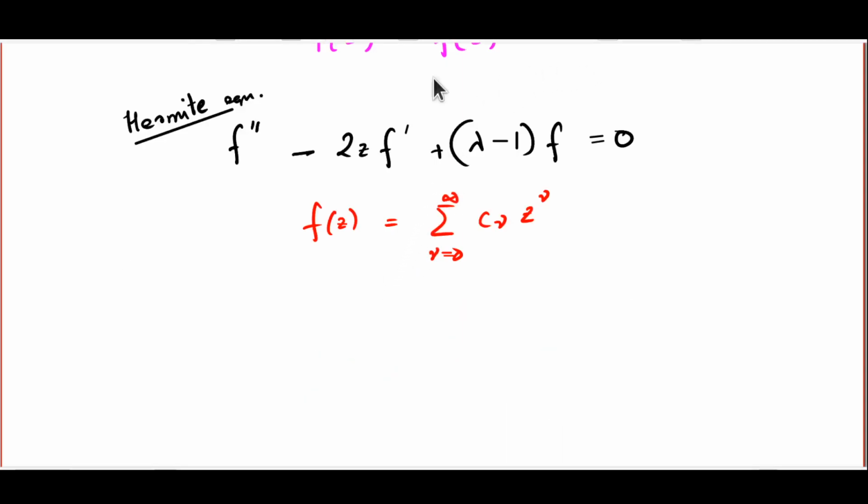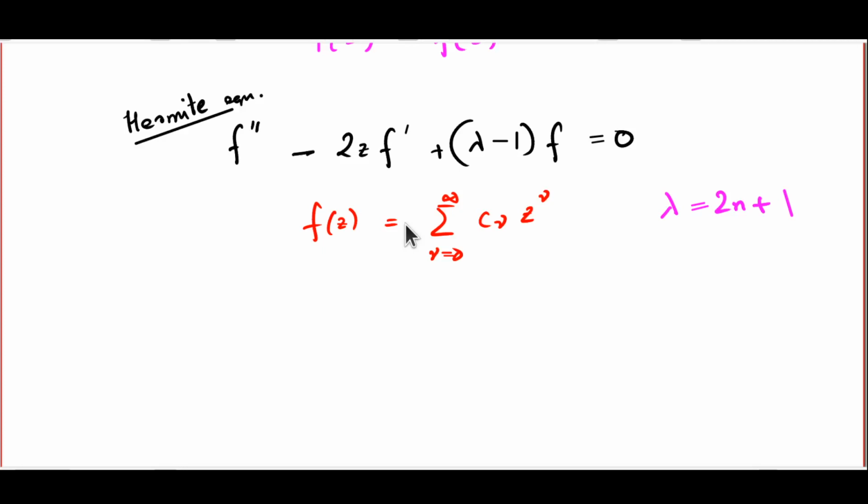Using the power series method, we found that unless we chose lambda, this parameter, to be 2n plus 1, where n is a non-negative integer, this series for f of z is going to diverge as z goes to plus minus infinity. It diverges much more strongly than the e to the minus z square by 2 factor that we have put in along with it.